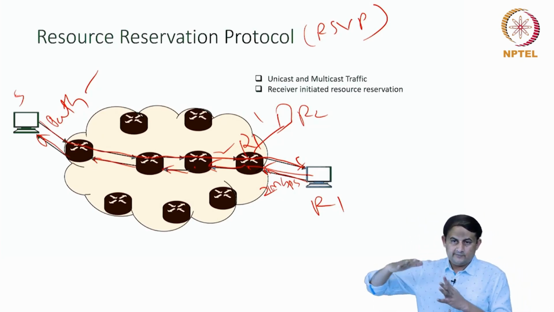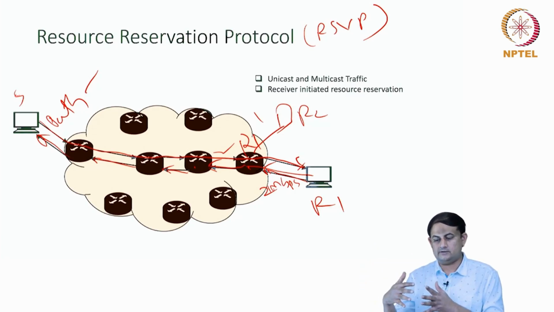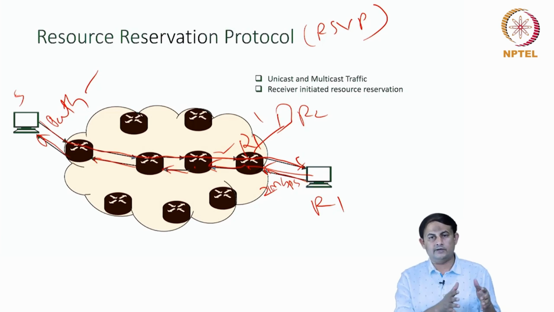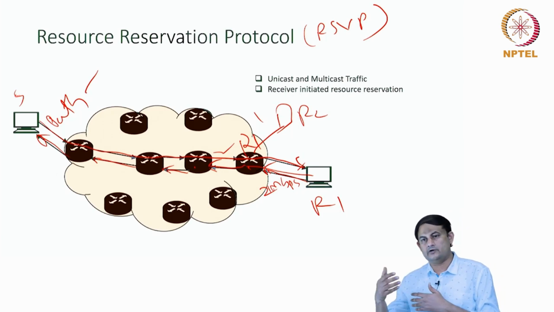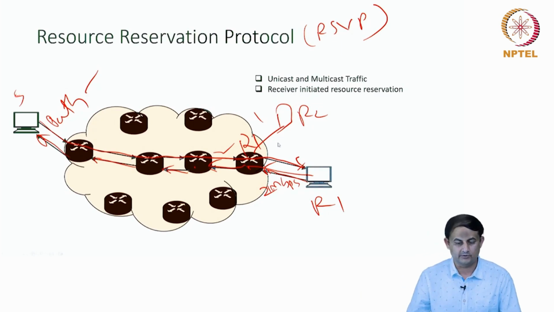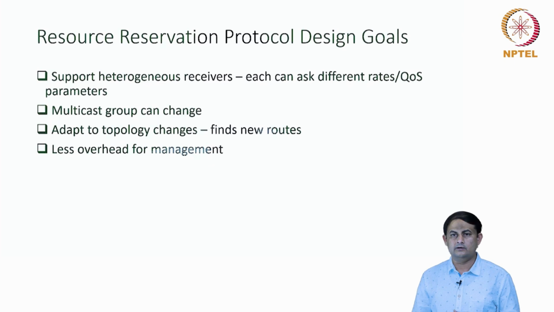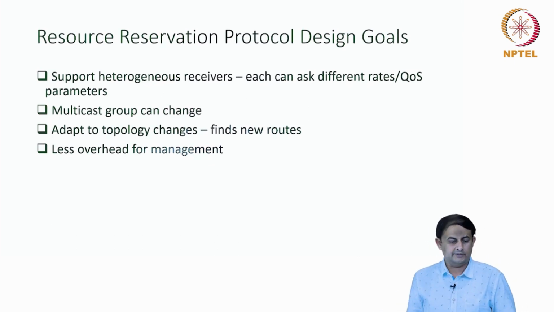So the point is, when the two transmissions get merged, there is a multicast kind of environment. The router where the two transmissions are merged can ask the next upstream router based on what exactly the requirement is in order to meet the two different requirements. Accordingly, this resource reservation protocol has been designed to meet certain objectives.